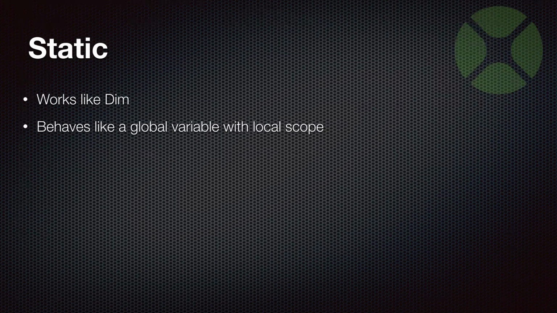So that means you can only use that variable within the method where you declared it using static. But it'll remember its value each time the method gets called. So almost as if it were global in some way, a property. But if you tried to use that variable in another method, it would be out of scope and you'd get a compile error. So kind of an odd little thing, but it can have its uses.